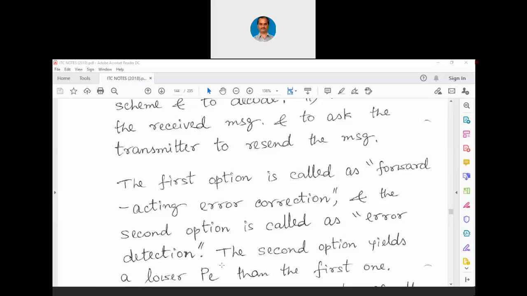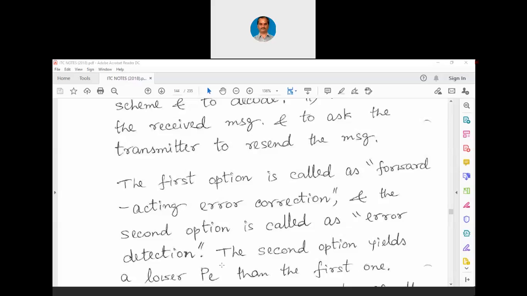Otherwise, you can keep on telling me, pardon me, sir, I did not correctly understand what you said. And when you say pardon me, I am going to repeat the same sentence again. And again, if there is error, you will keep on saying pardon me. So until you fully receive the sentence which I speak, there is time being wasted between you and me. That is the overhead.